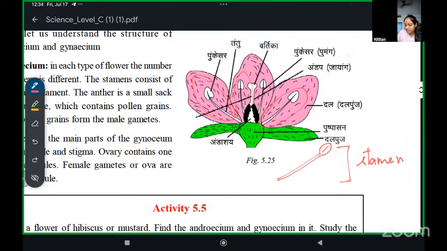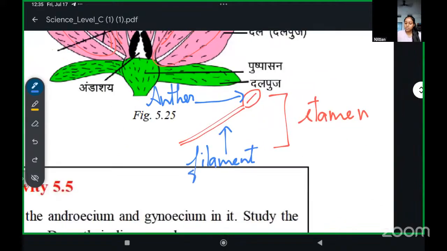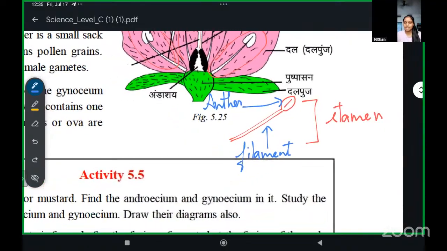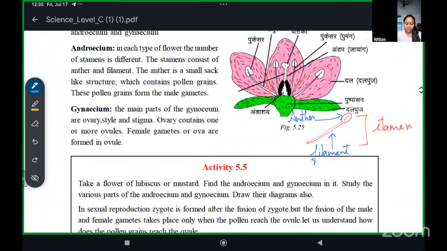In the stamen, the top part is known as anther and the stem part is known as filament. This whole thing is called stamen. The top part is called anther. The stem part is called filament. This is the male flower reproductive organ.